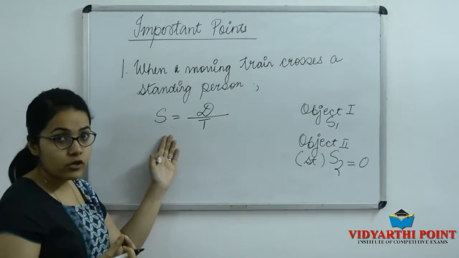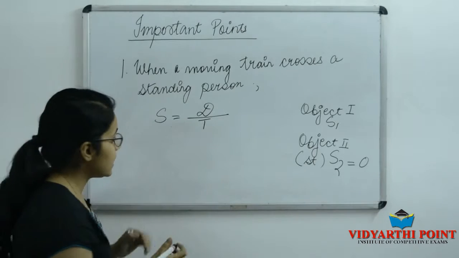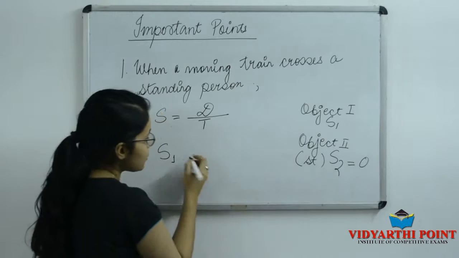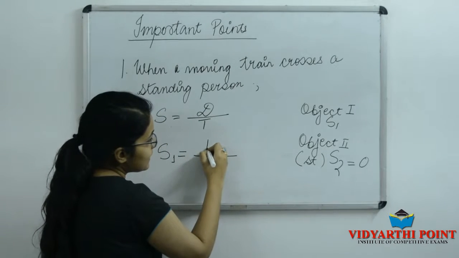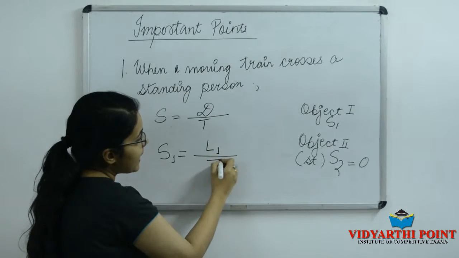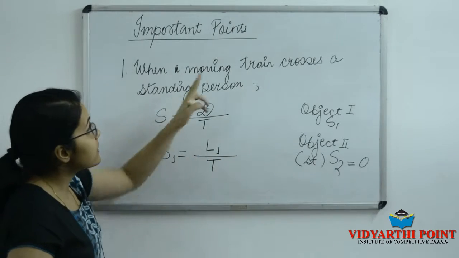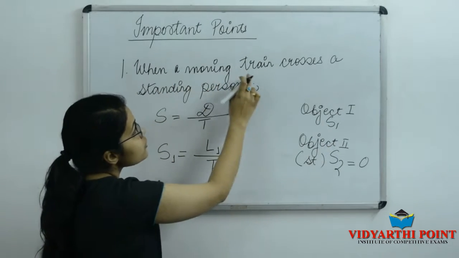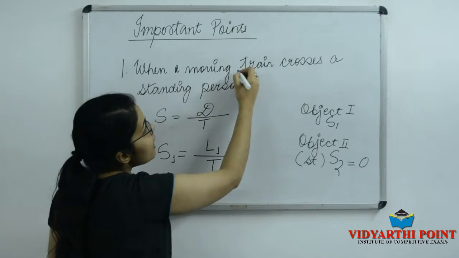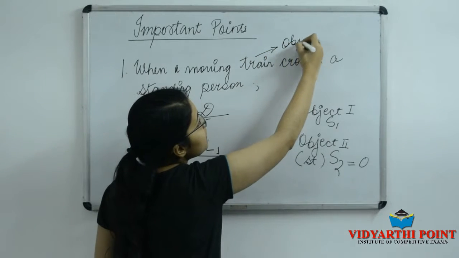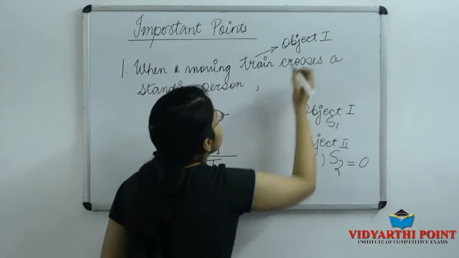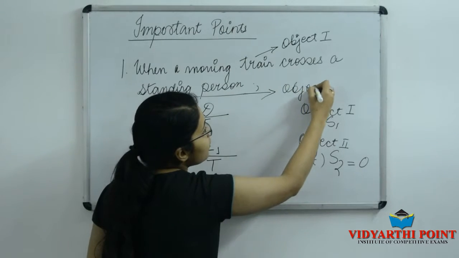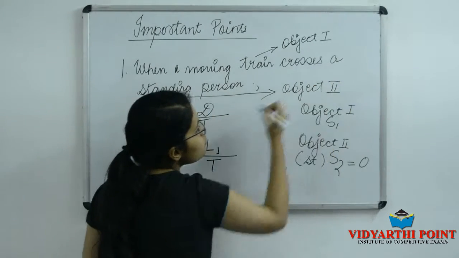So this is the fundamental formula, but in this case it will have a slight change: speed 1, since speed 2 is 0, equals length 1 by time. This length 1 is the length of the train. Here object 1 is a moving train and the standing person is object 2.